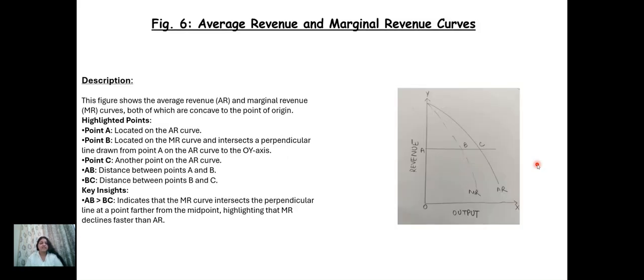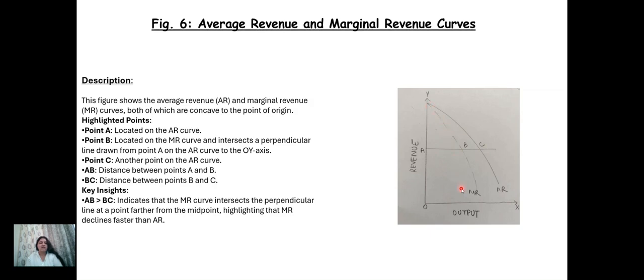In this curve, you can see this point. This is similar, but the main difference is that in the past slide we discussed the same graph, but the major difference is the distance from A point to B point and B point to C point. In the past curve, you can see this line is moving from here to this part, and AR goes from this point to this point.